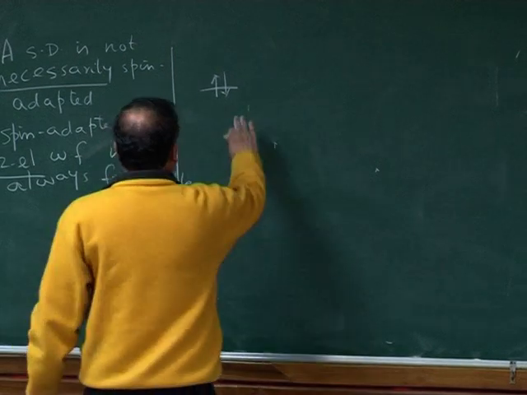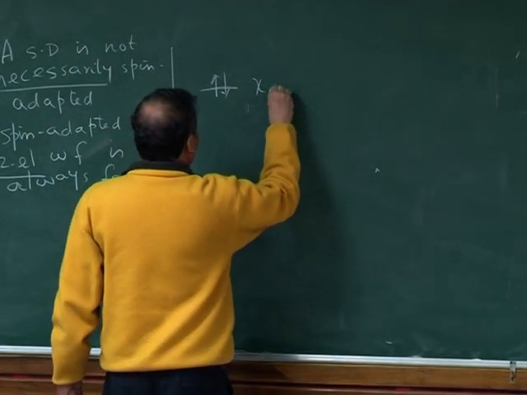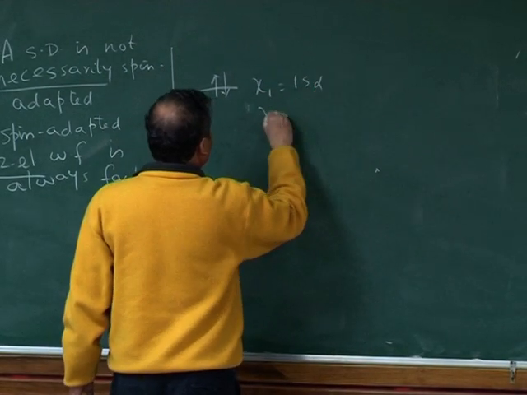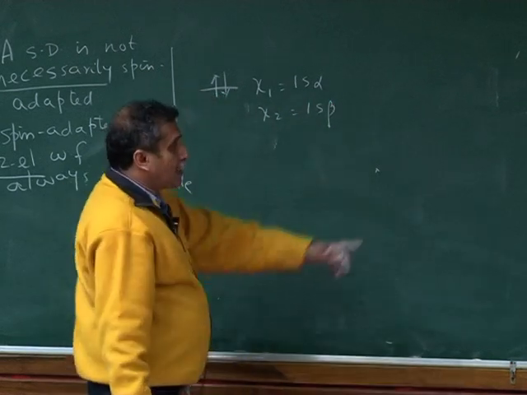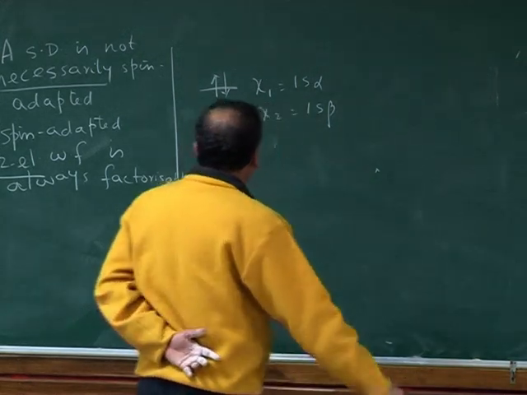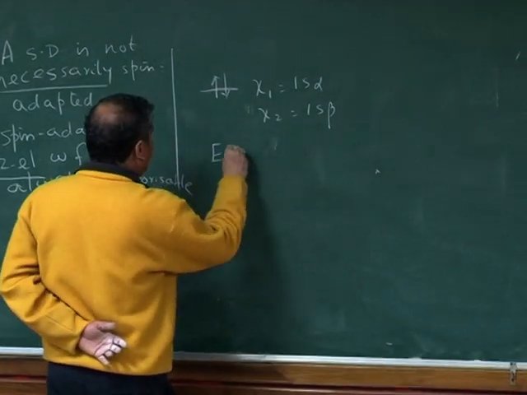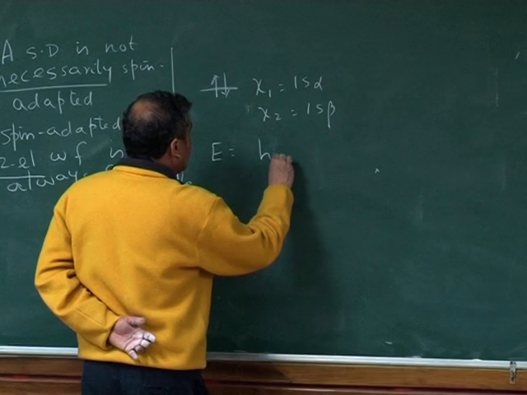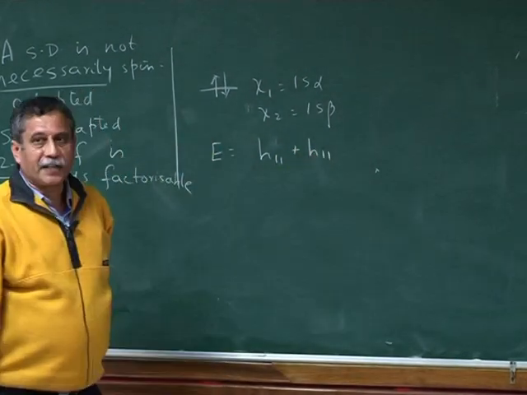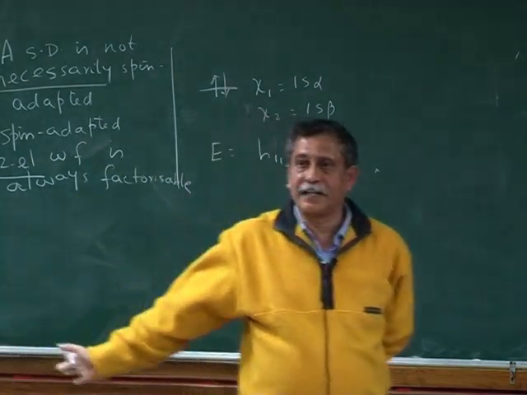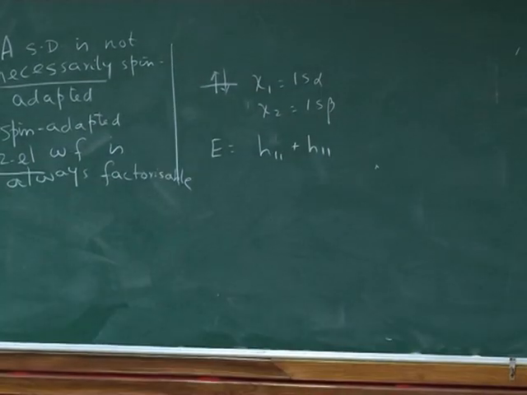So of course, this is nothing but 1s alpha, χ_2 is nothing but 1s beta. If I work it out, it's very easy to show that the energy will be first the two space part energy, because the spins are trivially integrated. Alpha alpha is 1, beta beta is 1.